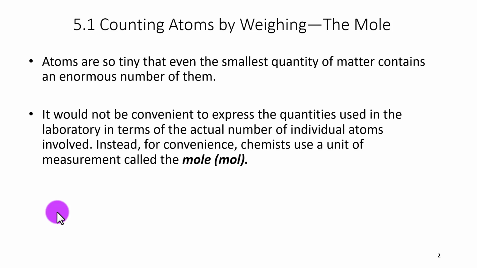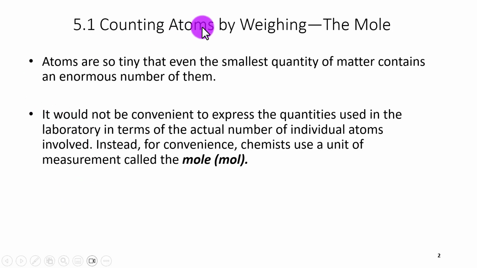So I have to have so many atoms together, a very, very large number of atoms, in order for me to be able to go to a scale in the laboratory and measure 1 gram or 5 grams or whatever the case might be.